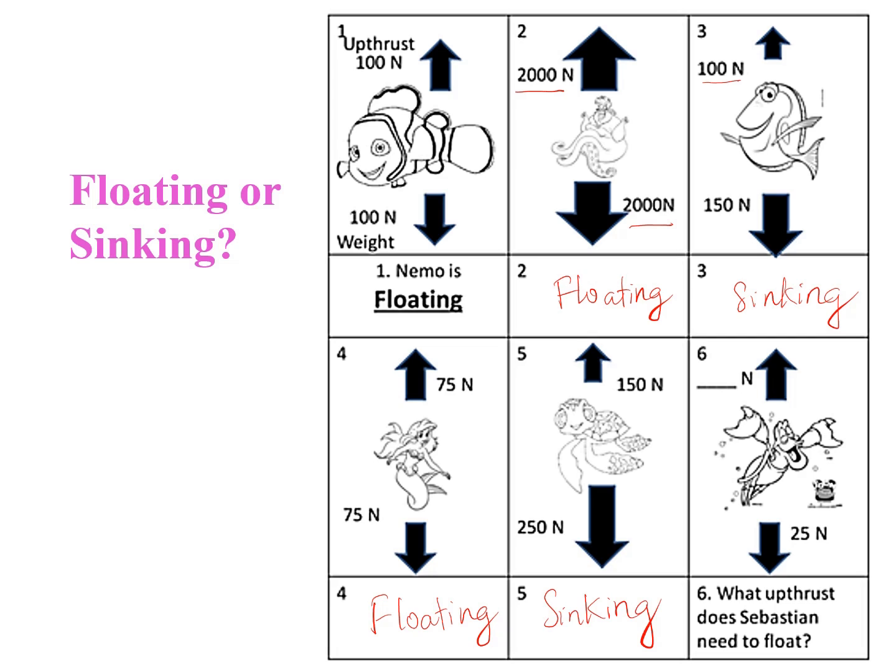Okay, what upthrust does Sebastian need to float? To float, the upthrust has to equal the weight. The weight is 25 Newton, so the upthrust has to be 25 Newton.